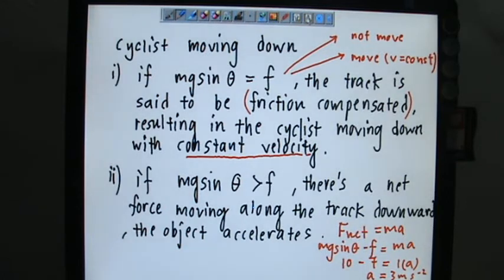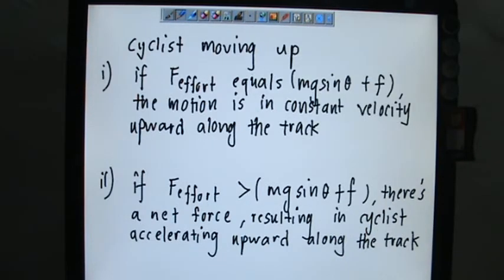So if the cyclist is moving up, if the effort equals mg sine theta plus F, if you are lucky, you can actually move up with constant velocity, if your effort equals the forces that try to pull you down. Okay?